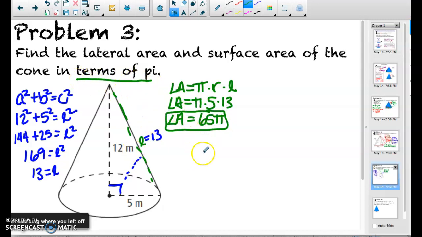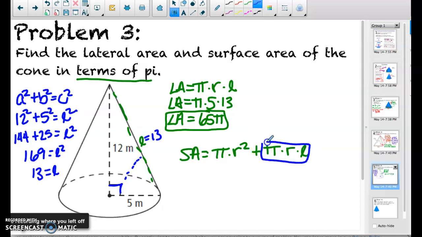Now, the surface area, the formula for that is pi times radius squared, add to that pi times radius times slant height. So notice I already know what pi times radius times slant height is because we figured this part out already.